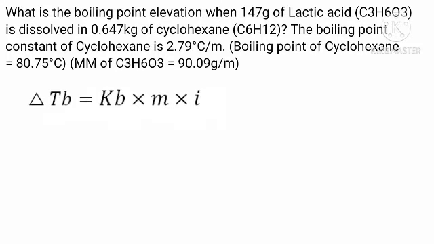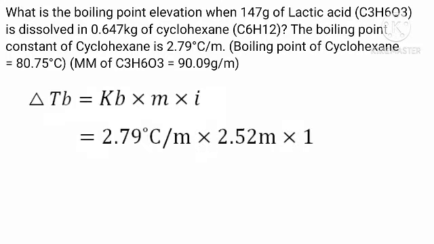Using this formula, K will be 2.79 degrees Celsius per molality, which is the boiling point constant of cyclohexane, multiplied by 2.52 molality, multiplied by 1, which is the van 't Hoff factor. Cancel the m, then multiply. The product is 7.03 degrees Celsius. This is the boiling point elevation.